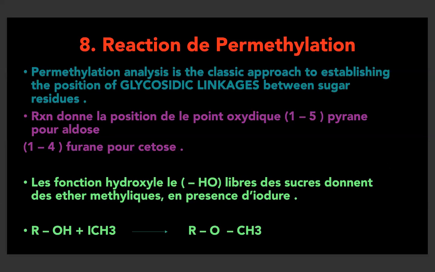In a glucide molecule, we said we are going to have the pyranose form for the aldose and the furanose form for the ketose. The permethylation reaction is an approach to determine the position of the glycosidic linkages between sugars. It can also help us determine the 1,5 pyranose and the 1,4 furanose. So in other words, the permethylation reaction is just a determination reaction for the two types of linkages.